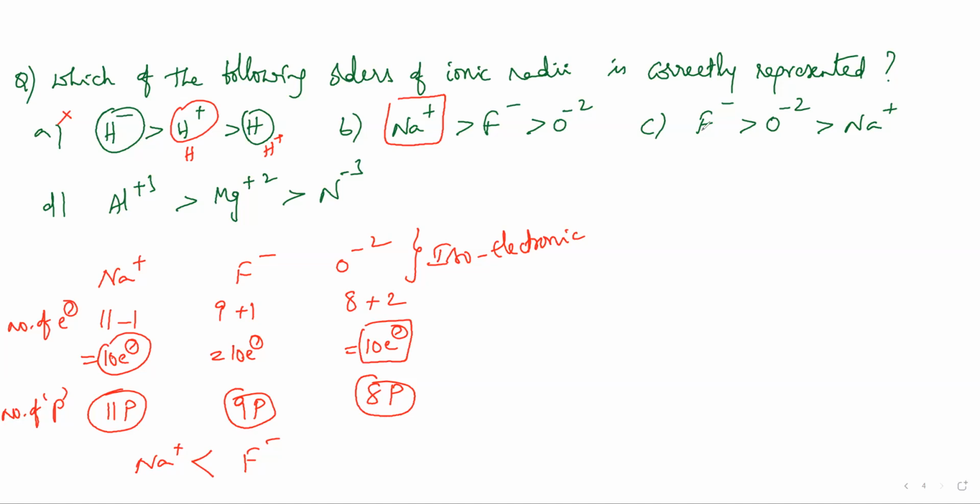Now let us consider the same here, F minus, O minus 2, Na plus. How many electrons?